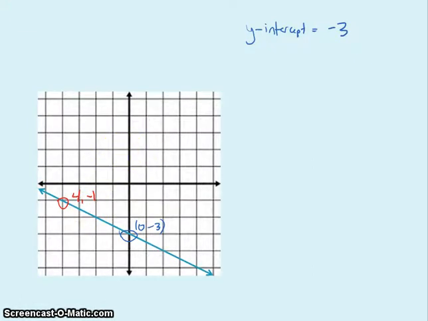So again, two possibilities. We can make a right triangle. The rise is -2. The run is 1, 2, 3, 4. So rise over run is -2 over 4, which is -1/2.